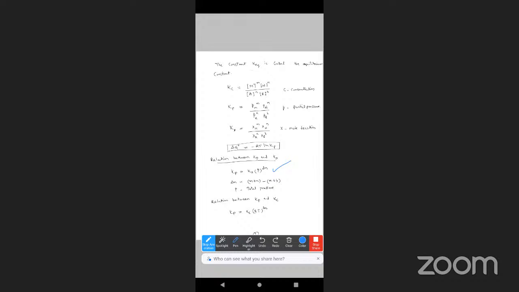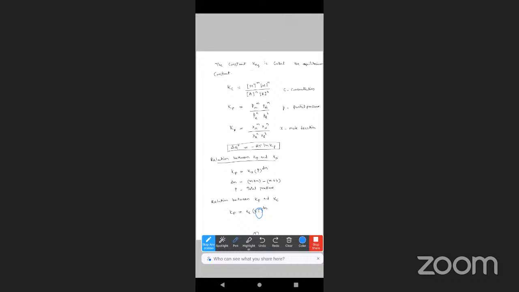Then coming to the relation between Kp and Kc. So you know something about this equation. Kp equals Kc into RT power delta n. And it also relates Kp and Kc with the absolute temperature, isn't it? So we can relate the equilibrium constants with the absolute temperature and delta n.